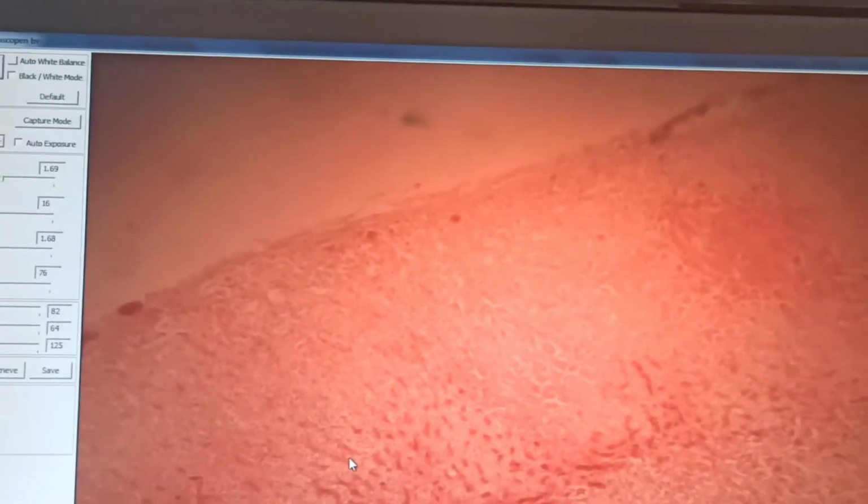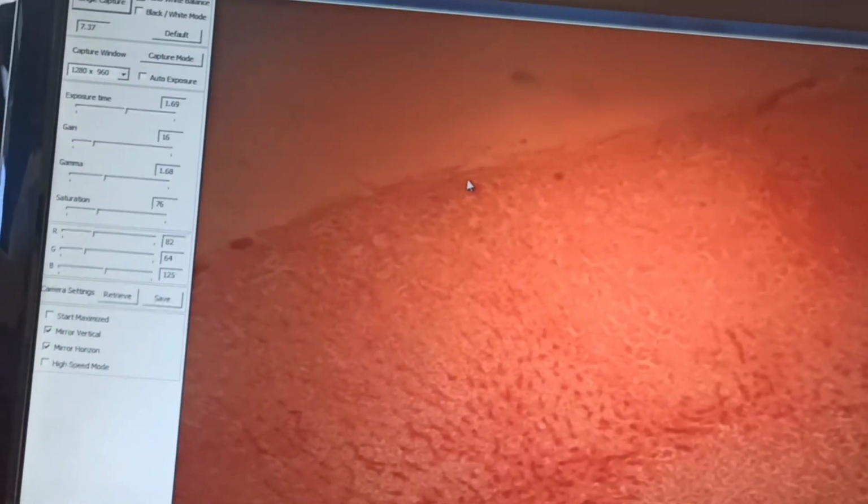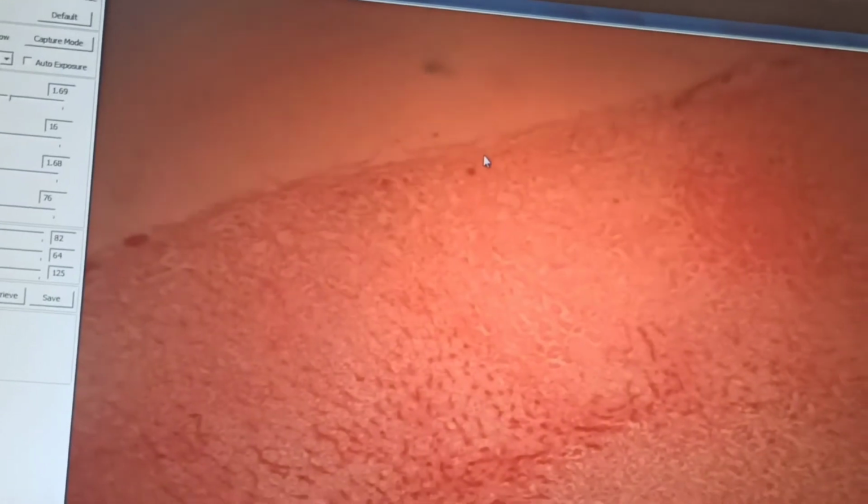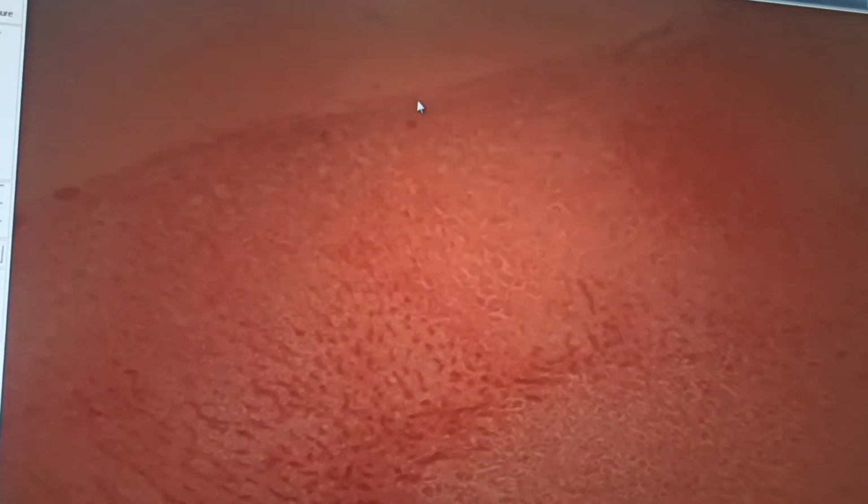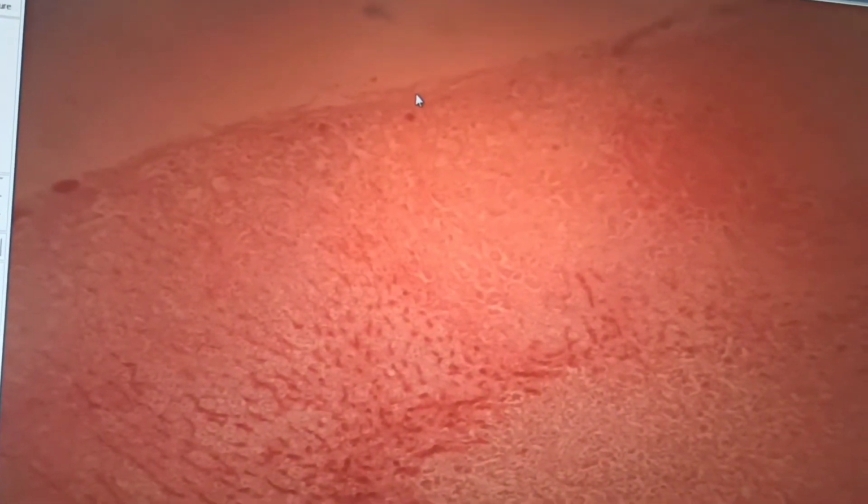Look here: this dense connective tissue is called the capsule. Here is the cortex, and then the medulla.